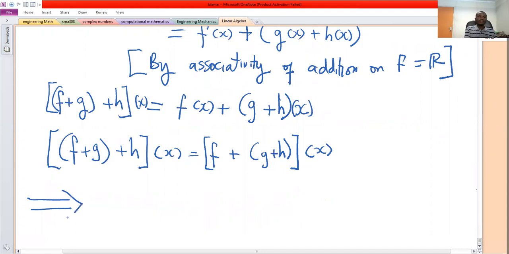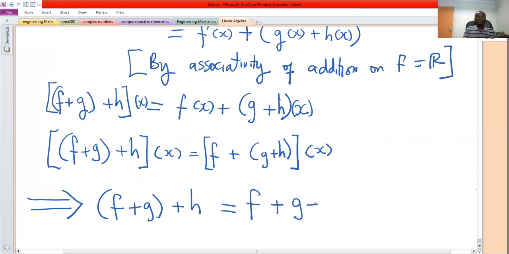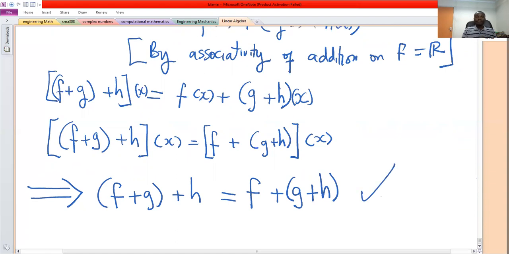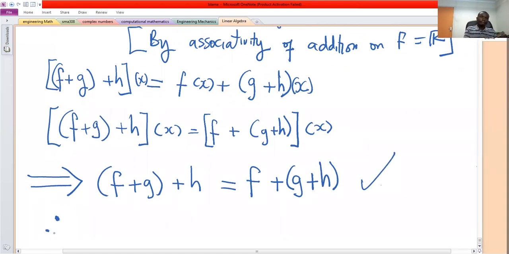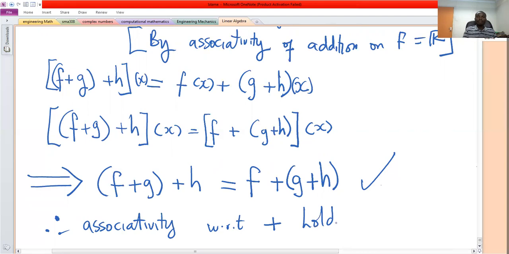This implies that if I take f plus g, I add to h, it is the same result as taking f plus g plus h. And you see this is the associative property that we are trying to prove. So therefore, associativity with respect to addition holds on this set capital F.